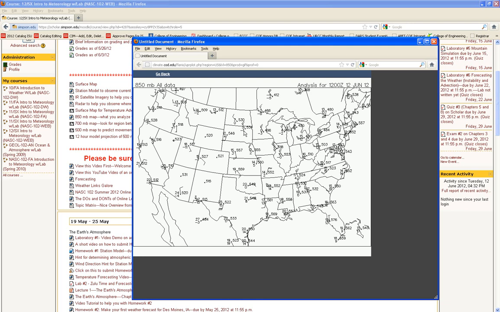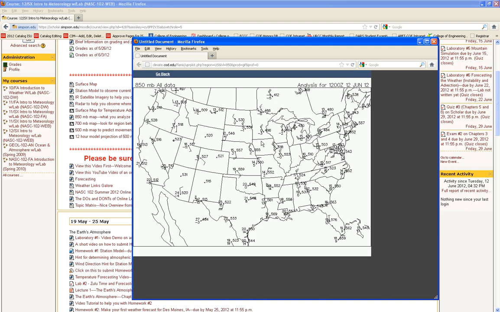So if the winds are coming in from the northwest at 25 knots, and I'm making a forecast for tomorrow, I'll want to multiply that by 24 hours. So if I take 25 knots, and let's make that 25 miles per hour as the average wind speed.